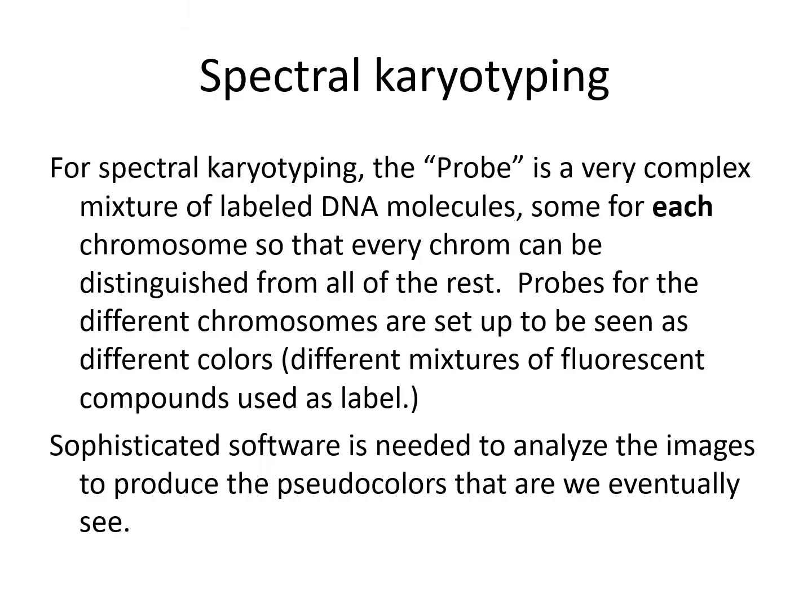Okay, and a very sophisticated and almost amazing, definitely amazing application of this is something called spectral karyotyping. So we saw the telomeres as little dots. We saw the 6 chromosomes in the previous slide. In this spectral karyotyping, this whole analysis is extended to include all of the 23 pairs of chromosomes and to set up probes and conditions so that each one can be distinguished from all the others.